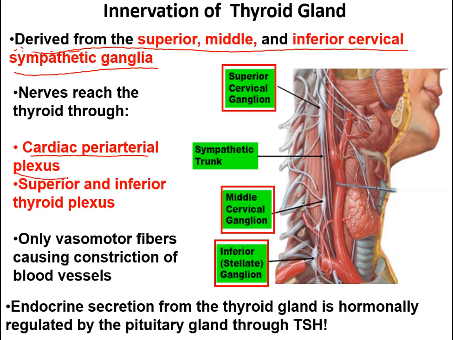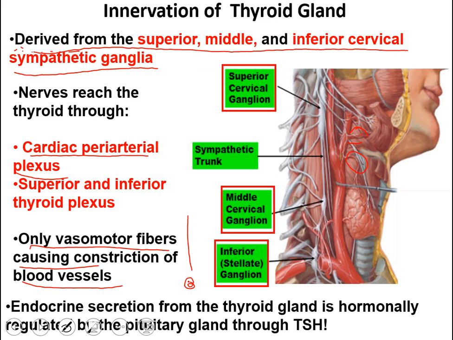These fibers are actually vasomotor, not secretomotor, and their major function is to cause vasoconstriction and regulate the amount of blood flowing through the thyroid gland.